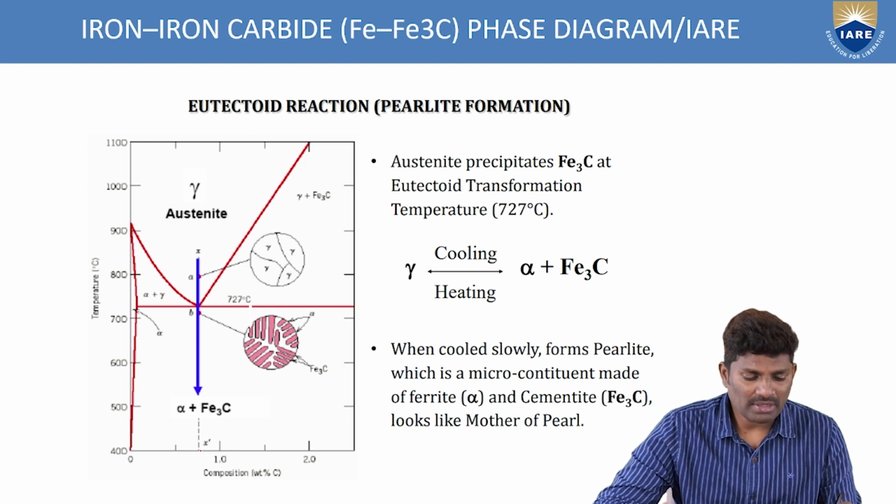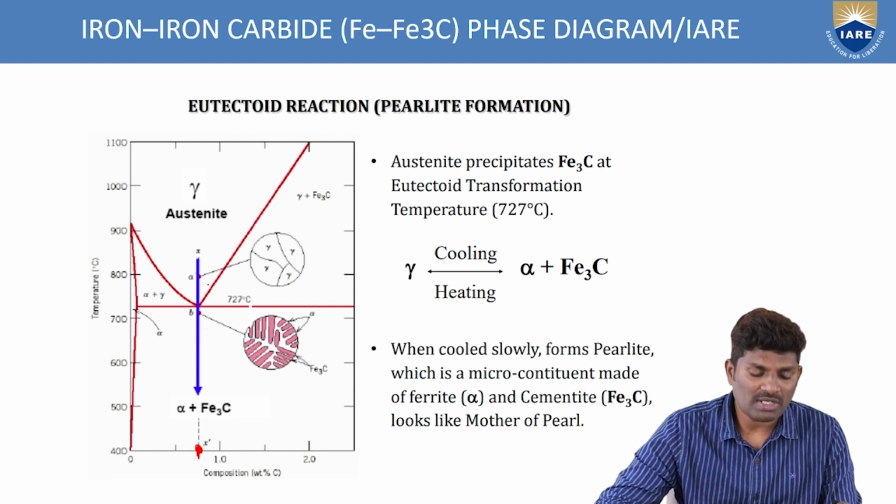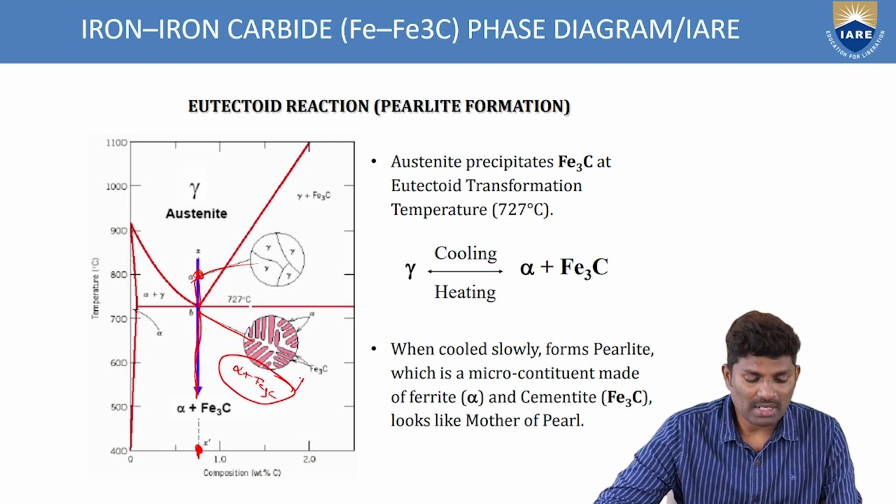At this point, if you observe, this point is called the eutectic temperature point. So if we observe the different types of crystal structures we are getting, you have to draw a line which passes through this temperature. And at this point and at this point, you have the combination of alpha plus Fe3C, that is the cementite. Completely it is called pearlite.